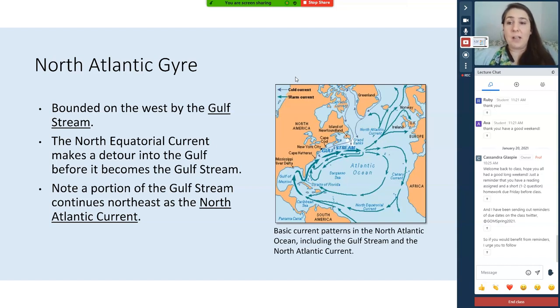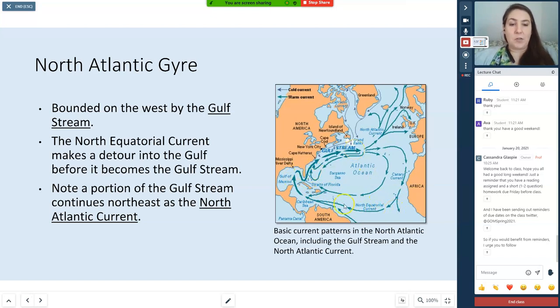And then the North Atlantic gyre is bounded on the west by the Gulf Stream. So you can see here the Gulf Stream moving up the east coast of the US. The north equatorial current is what bounds the gyre on the south end. And this current makes a detour in the Gulf right here before it becomes the Gulf Stream.